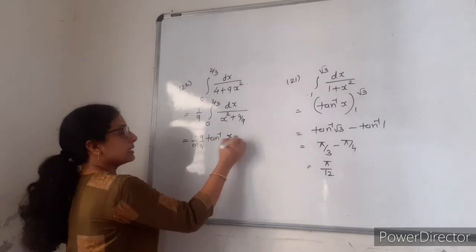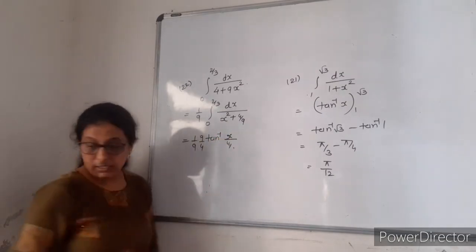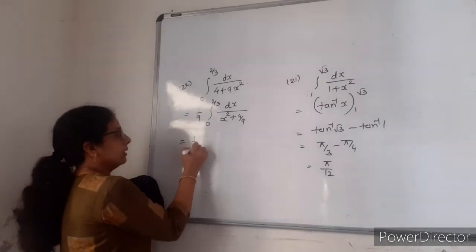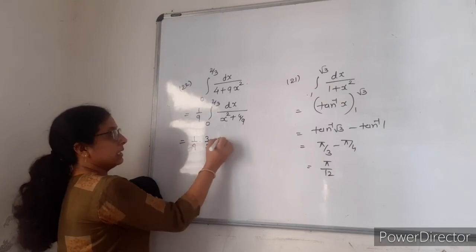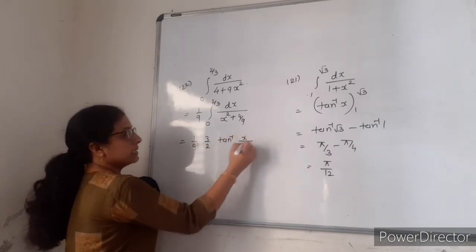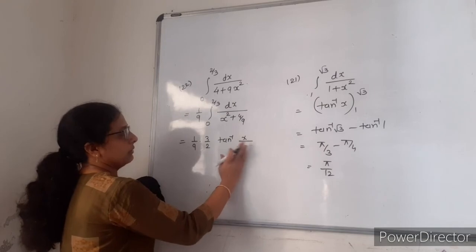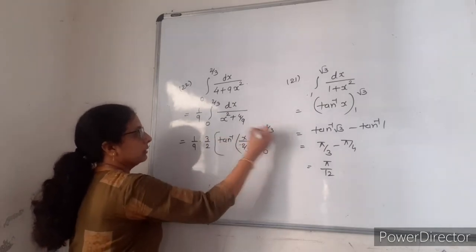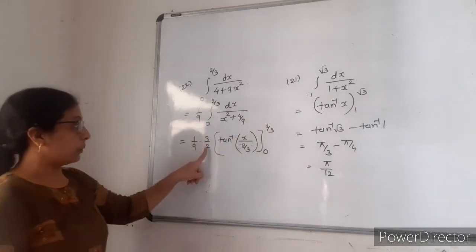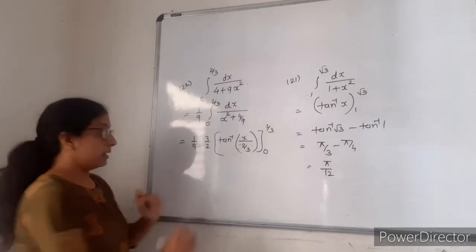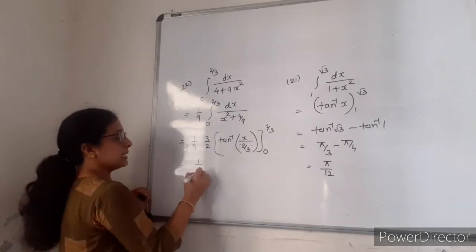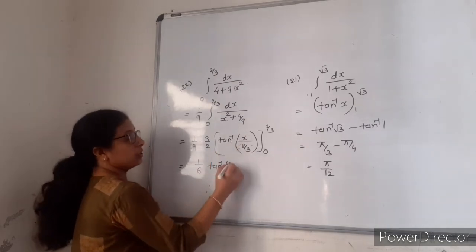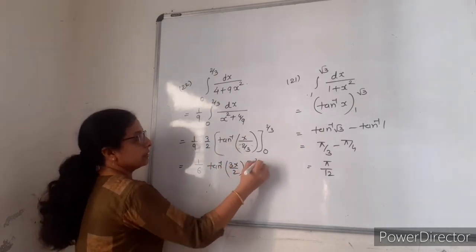Tan inverse x by a, where a is 2 by 3. It is 1 upon 9, 3 by 2, tan inverse x upon 2 by 3. This is the square, yes or no? This is the square of 2 by 3. So 1 upon a, x by a. Now 1 upon 6, tan inverse 3x by 2, from 0 to 2 by 3.